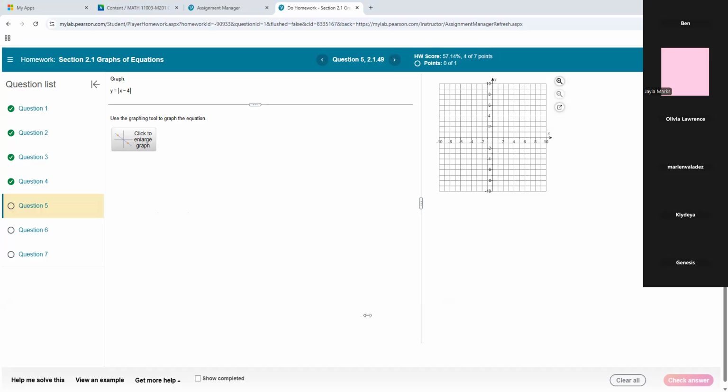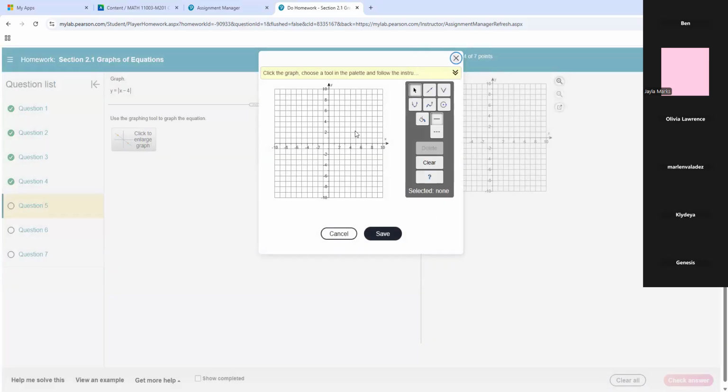Absolute value. There you go. So it's a function, but it actually is the absolute value function. So let me show you on right here real quick. On the top row, that V-shaped graph right there, if you click on it, it says absolute value tool, and it's got 2 dots on it.